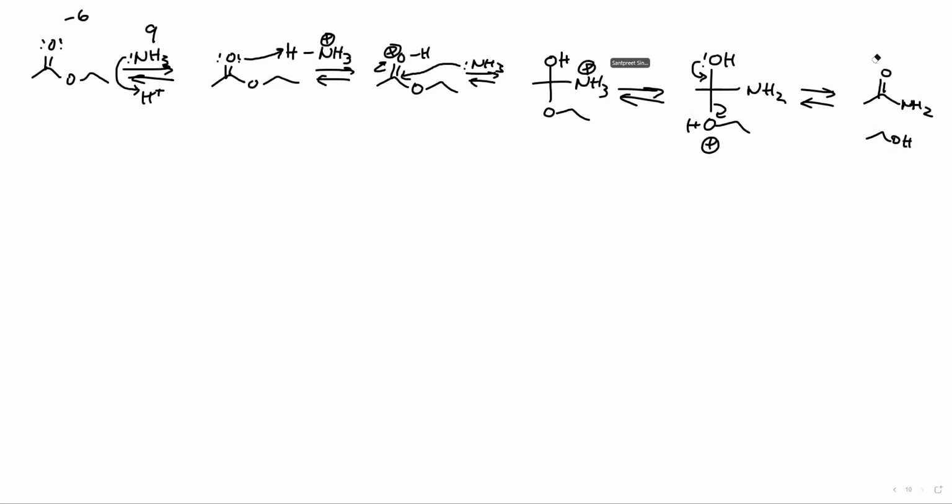So I'm going to go ahead and erase it. Okay, but you guys should show something picking that up. Don't just erase it like I did. And that's how we get amides from esters. Okay, now again, you could use primary and secondary amines. No big deal there.